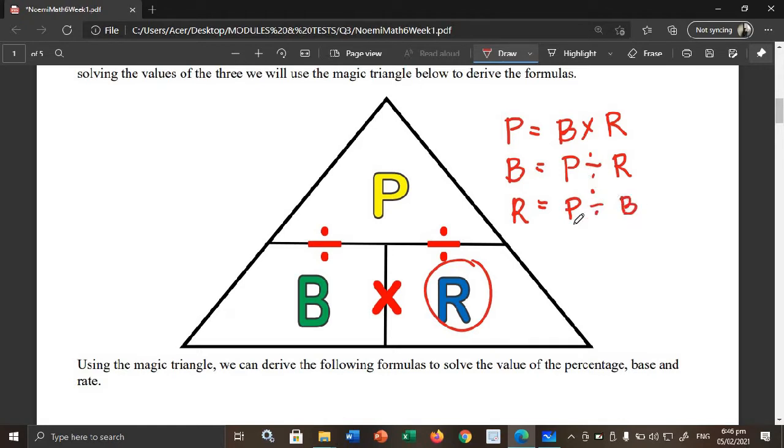And then there is a special thing that you need to do when you find the value of your rate. Because rate is in percent form, right? So, P divided by B, right after you get the value, multiply it by 100, because rate is in percent form. Okay? So, that is the formula in finding these three terms.